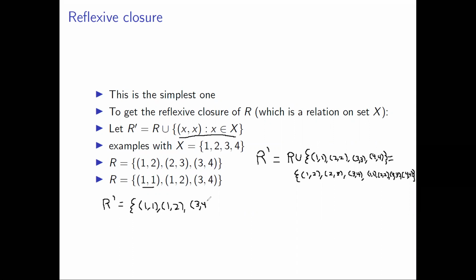And we also have the elements of the diagonal. We already have 1, 1 in there. So we have to add 2, 2, 3, 3, and 4, 4. So this time, the reflexive closure has cardinality 6 because R had an intersection with the diagonal.